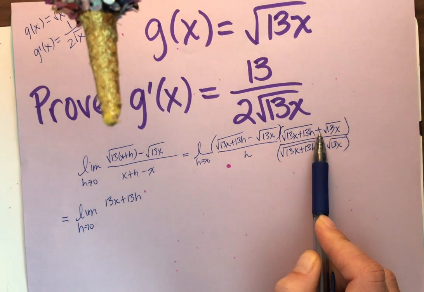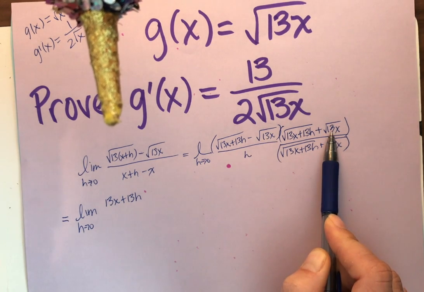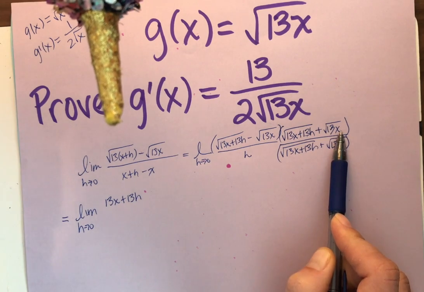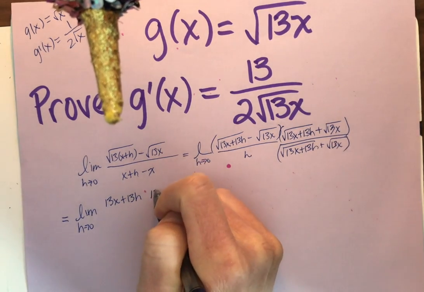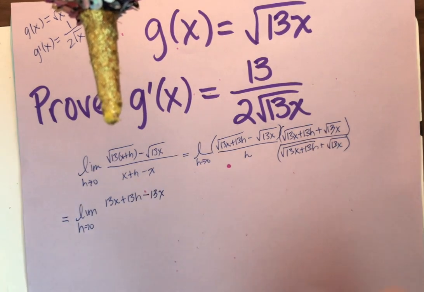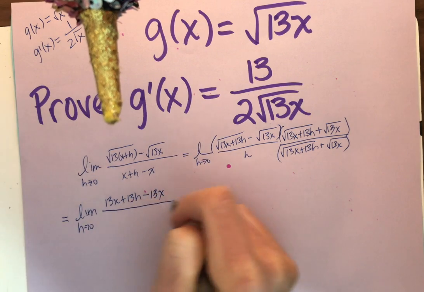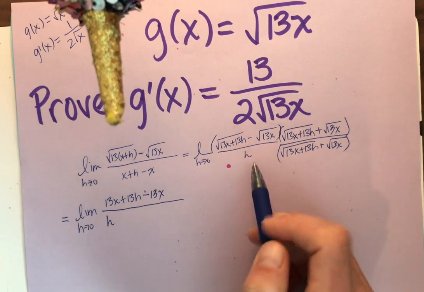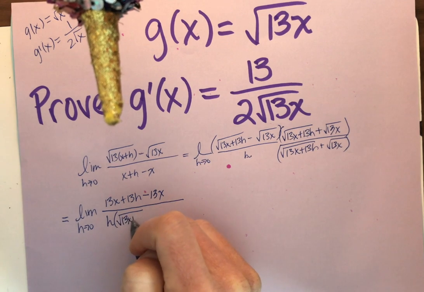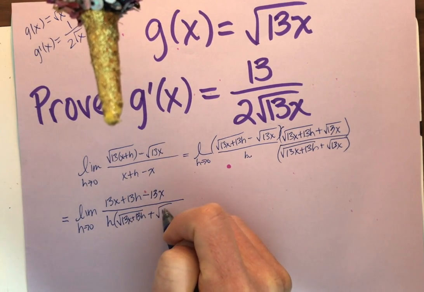Then, continuing to FOIL, I multiply a negative root 13x times a positive root 13x. So the root 13x times root 13x, the radical goes away and I'm left with 13x. And since it's a negative times a positive, it's a minus. This is all over, I've got my h from before, times the square root of 13x plus 13h plus the square root of 13x.